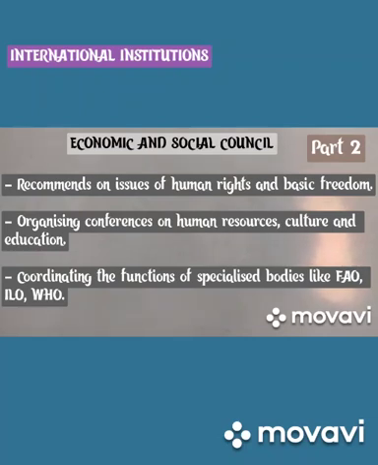The last but very important function is that they also help in coordinating the functions of the specialized bodies like FAO, ILO, WHO, that means the Food and Agriculture Organization, International Labour Organization. Coordination between the departments is an important one, and this committee ensures that there is coordination among all the specialized bodies. That's all about the functions of the Economic and Social Council.